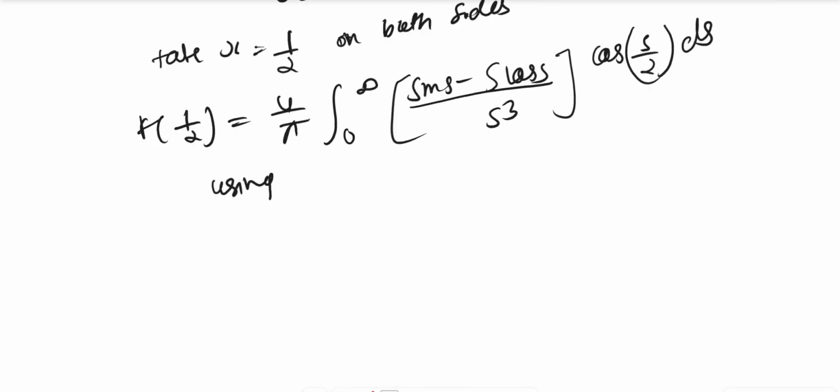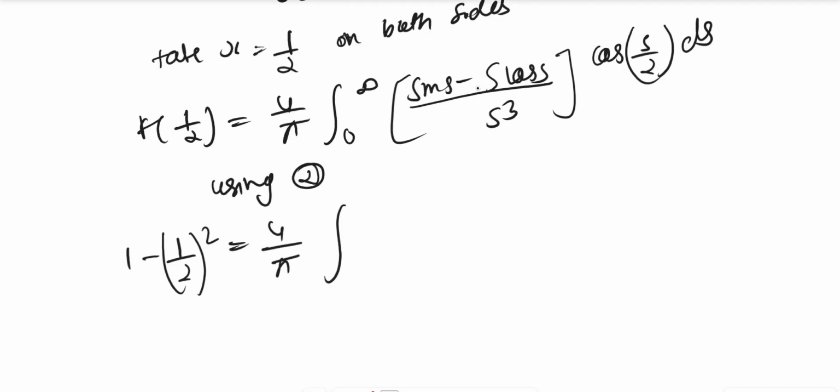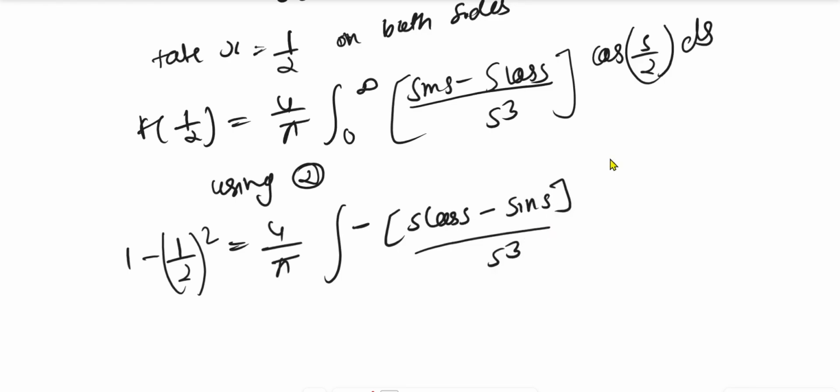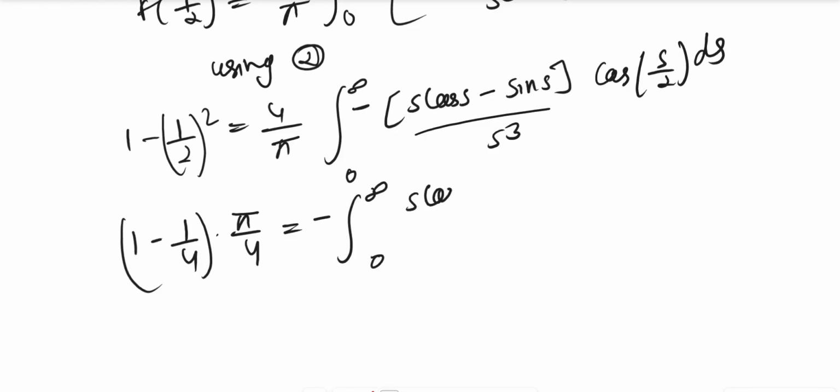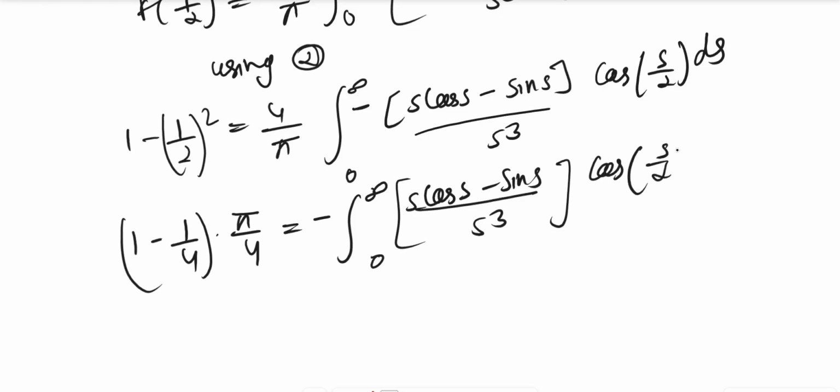Now using 2, it is 1 minus (1 upon 2) whole square is equal to 4 upon pi integration. Now in the integration asked, the cos x term was positive earlier, so we take minus common, so it is minus integration of (s cos s minus sin s) divided by s cube cos s by 2 ds.